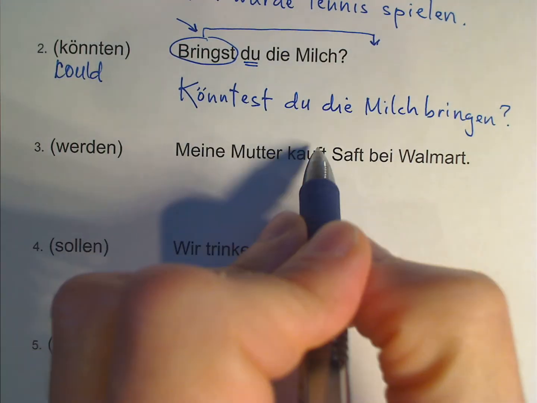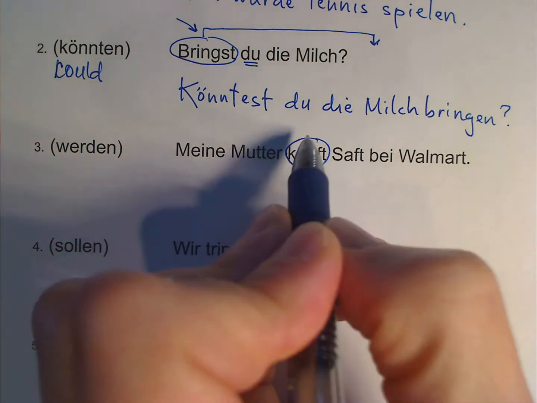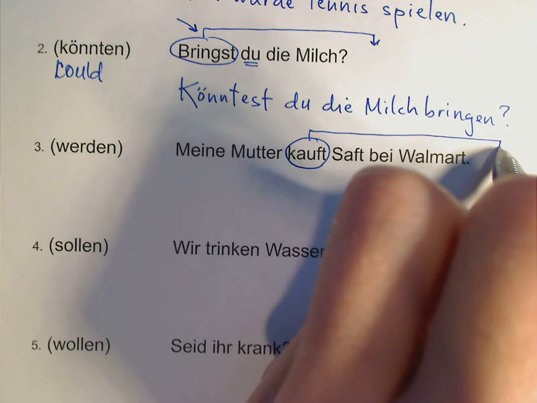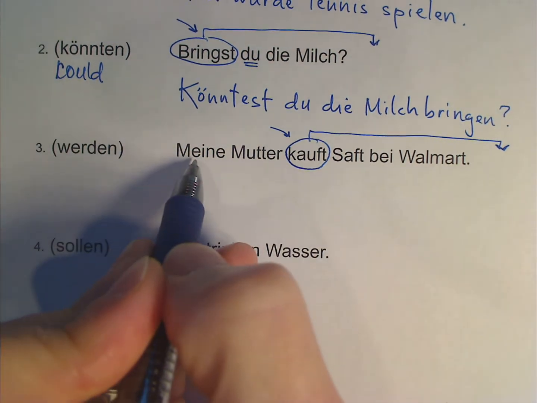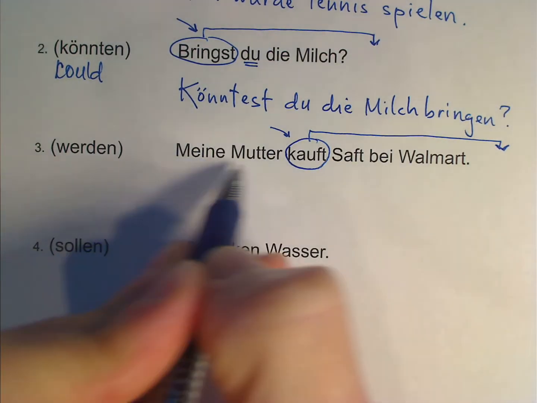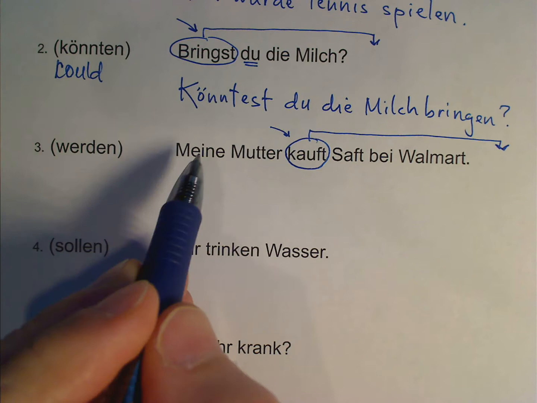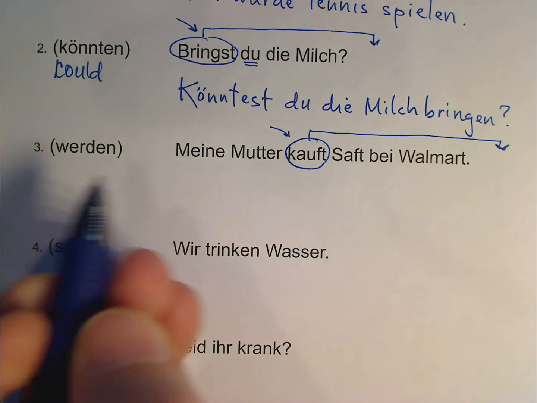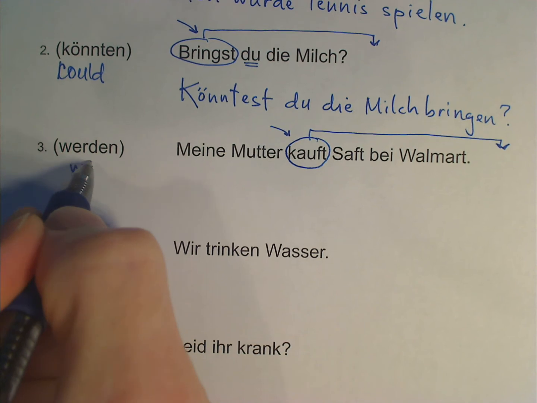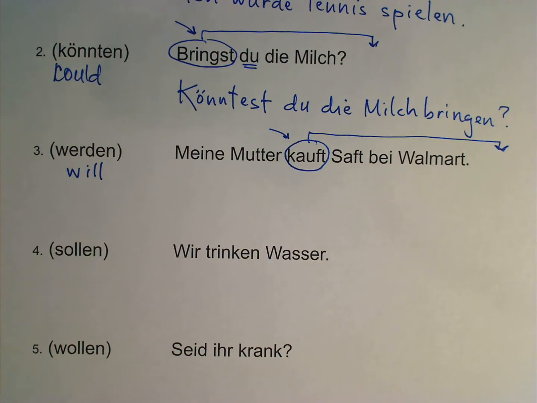With this one, you take the verb kauft, unconjugate it, throw it at the end, and insert the form of werden that jives with meine Mutter. That's the same as saying she. My mother is buying juice at Walmart. We're going to make it my mother will buy juice at Walmart.